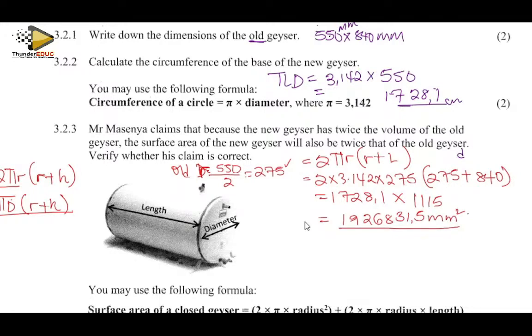Then we look at the new one, still using the same method. This was the surface area of the old one. The new one will be 550, which is the diameter, times pi, open brackets. The radius is still the same. However, the length has changed to 1,470.